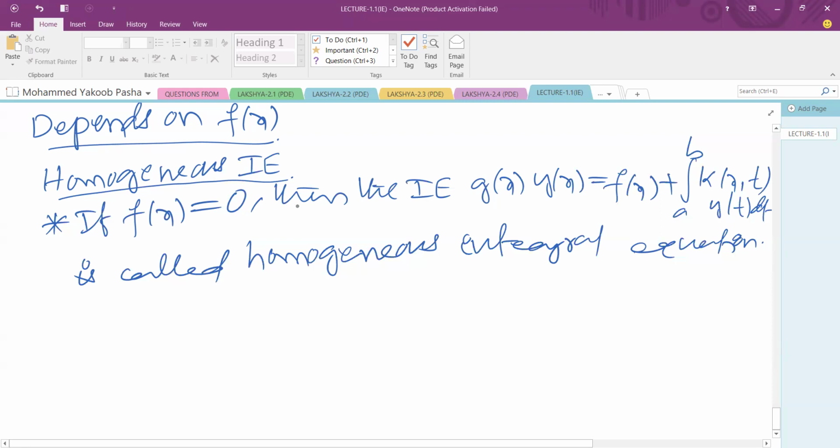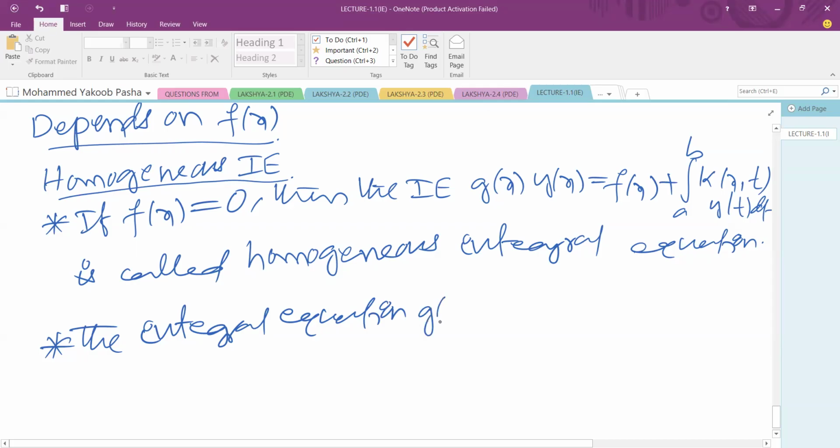That means the integral equation: here the left side will be the same, g of x into y of x.